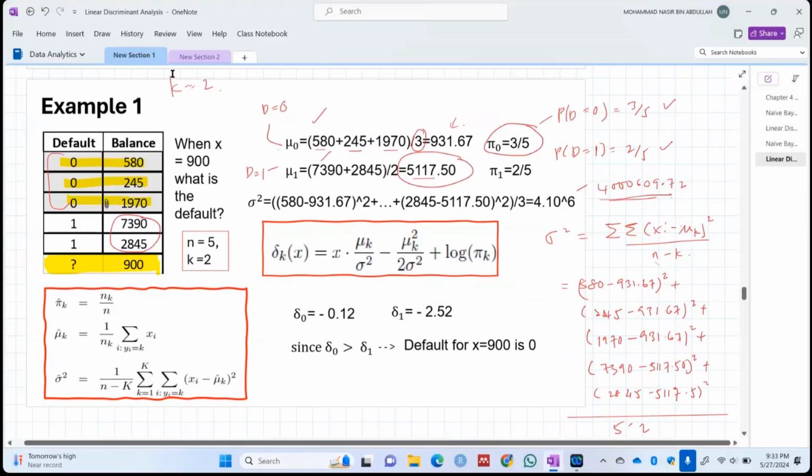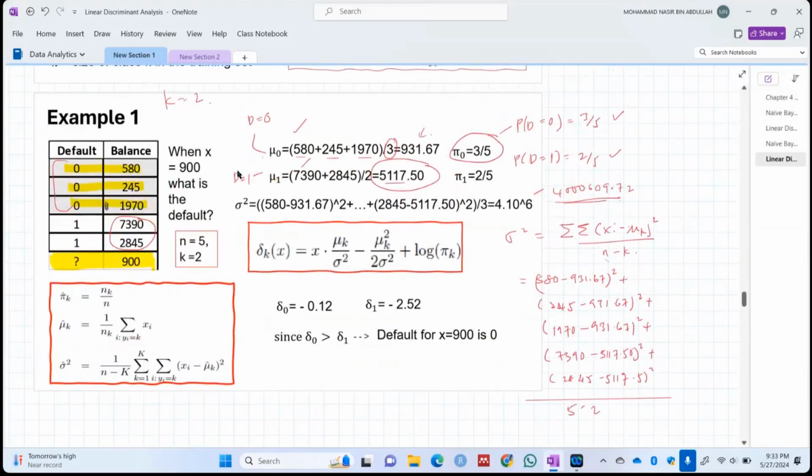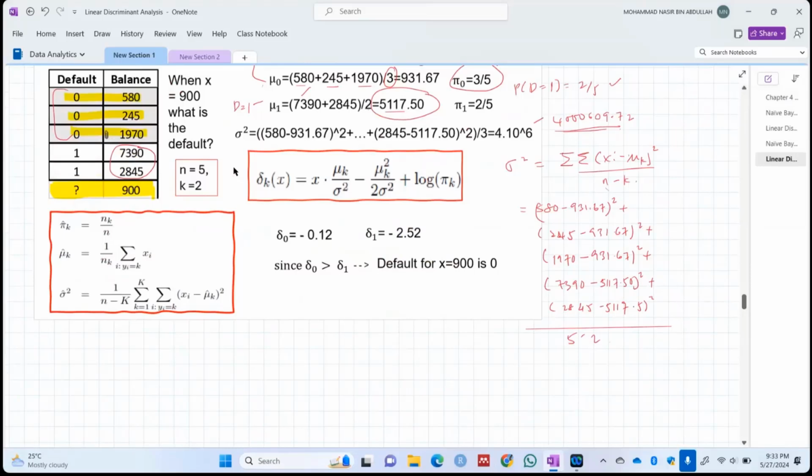Okay, so next, once you already have the value of the mean, variance, and the prior probability, we input into the delta function. So delta 0 when d equal to 0, and we want to know, for x equal to 900, whether we classify as 0 or 1. So input the values into the formula.